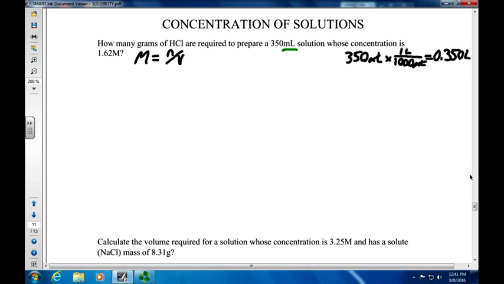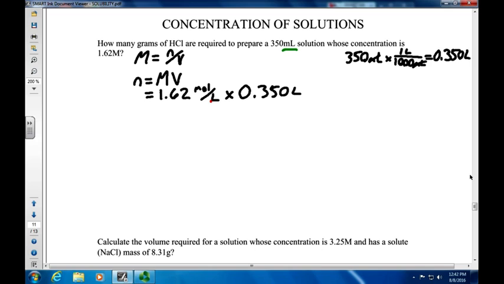So if you multiply volume to both sides, you find that moles can be calculated by multiplying molarity by volume, which in this case would be 1.62, and you can change that capital M to moles per liter, which is most useful when dealing with dimensional analysis, times the number of liters that we calculated, which is 0.350 liters.